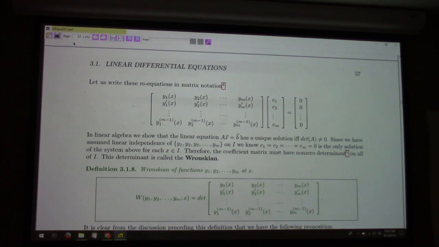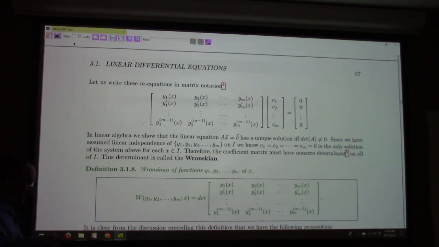Determinant what? Non-zero. Invertible matrix has determinant non-zero. So the determinant of this matrix is what's called the Wronskian. If the functions are linearly independent, then the Wronskian, well, I got to be careful here. Yes, if the functions are linearly independent, then the Wronskian is non-zero. That this calculation shows. And here it is, the Wronskian of y1 through ym. You just put the y's in the top row, first derivatives, and so on, up to the m-1 derivative. There you go, that's the Wronskian. We can test linear independence of functions.